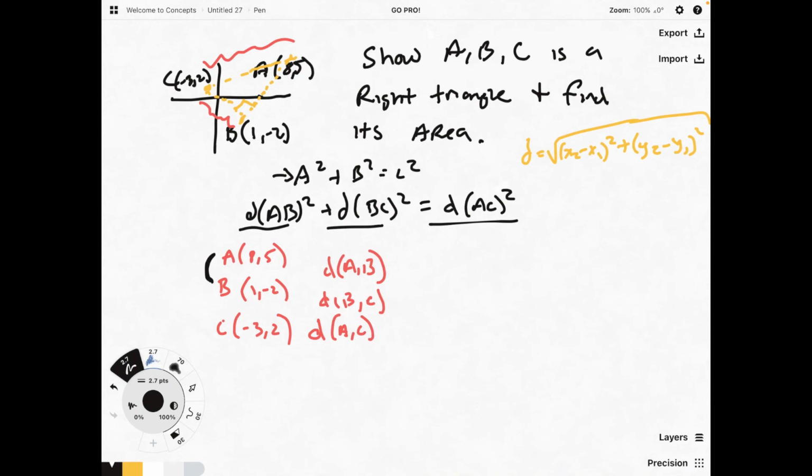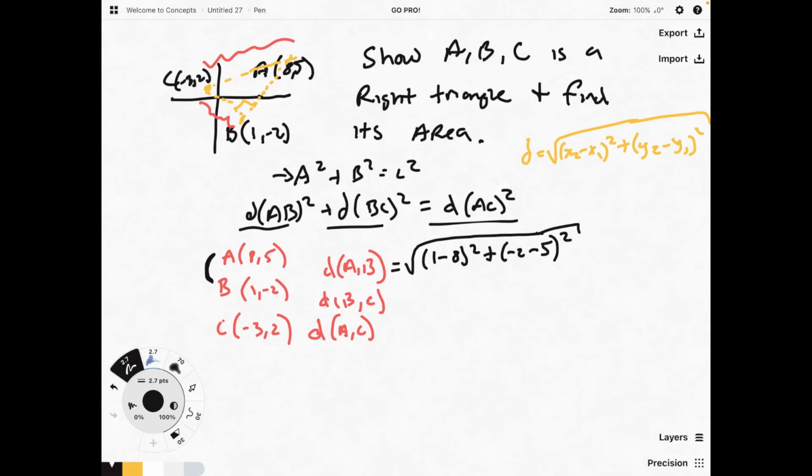So for the distance of A and B, we have the square root of x2, which in this case we're going to say is B, minus 8, which is x1, squared, plus y2, which is -2, minus 5, which is y1, and we have that squared.